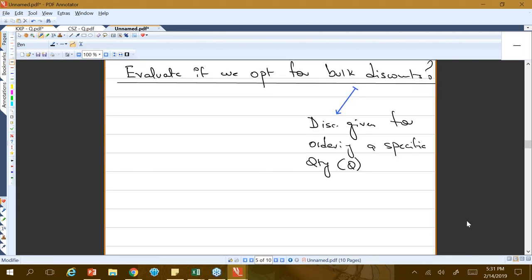So what are we going to do here? Well, what we are going to do is compare the total cost when EOQ with the total cost in the quantity of bulk discounts.